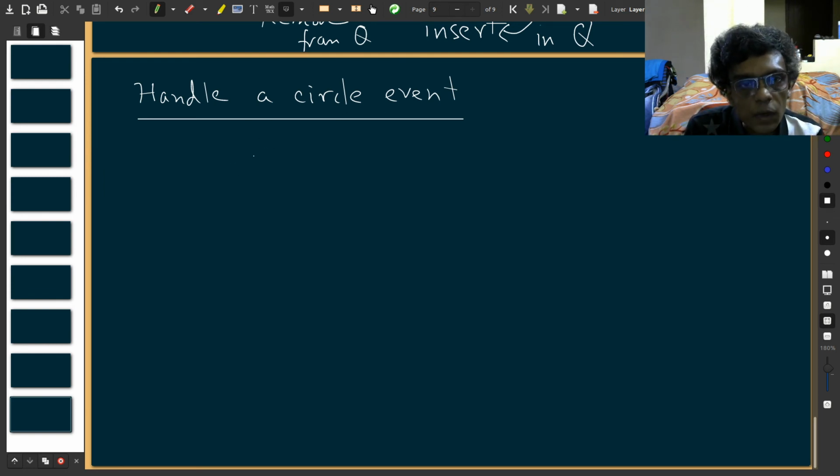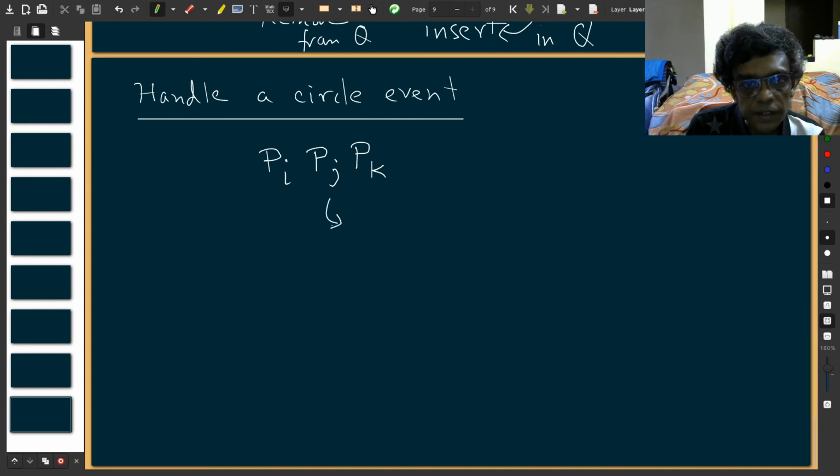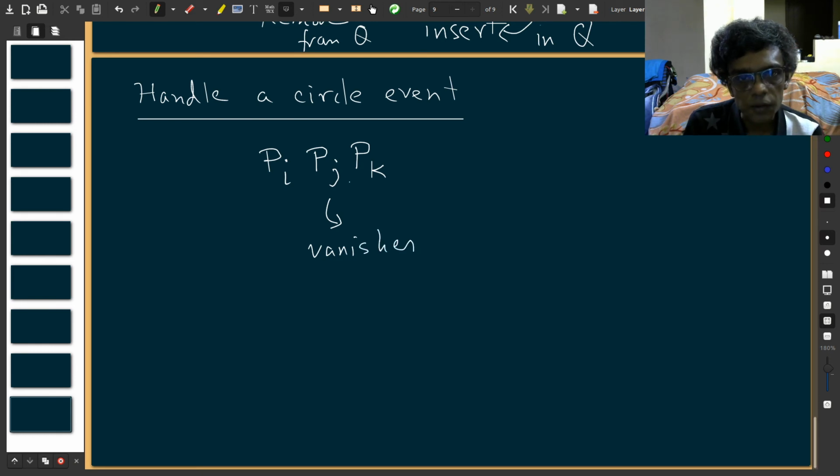When a parabolic arc corresponding to, let's say, Pi and a parabolic arc Pk, and you have Pj here, this is actually consumed by the growing arcs Pi and Pk. So this will vanish. Pi and Pk consume this.